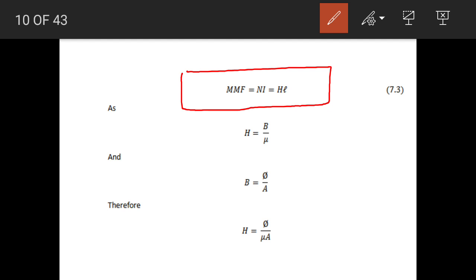We know that H is equal to B by mu, and we know that B is equal to the flux per unit area.